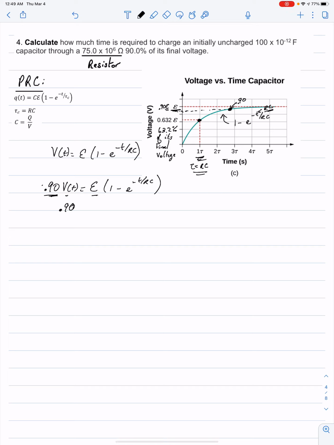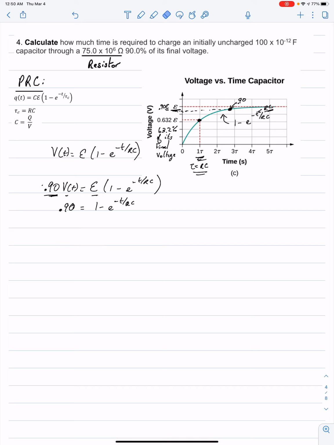And that ratio is 0.90 equals 1 minus e to the negative t over RC. Again, V of t over EMF equals 0.90. That is the ratio.